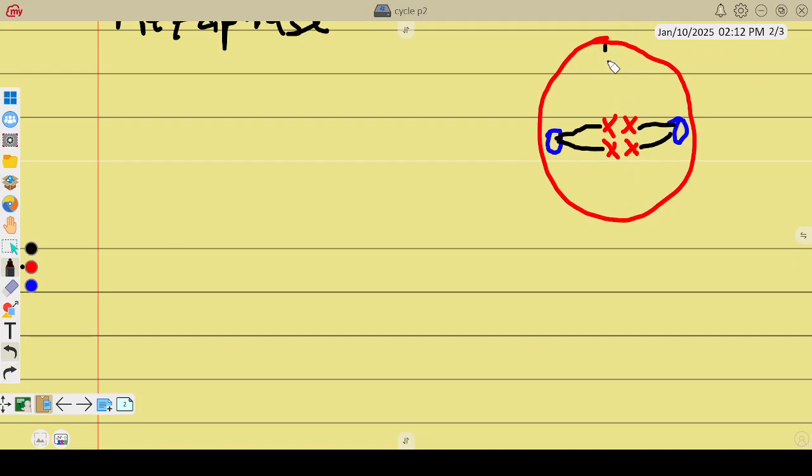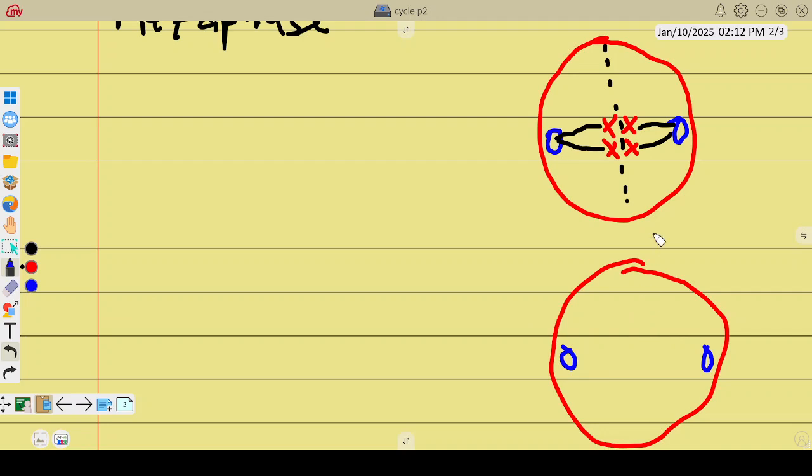Here at the equator is where the chromosomes will line up. What do I mean? This is our cell, and we have the centrosomes here. These chromosomes will now align at the metaphase.